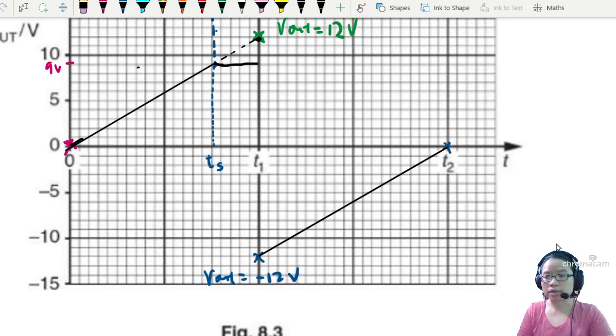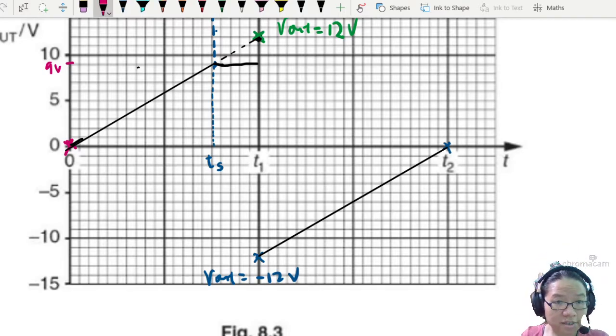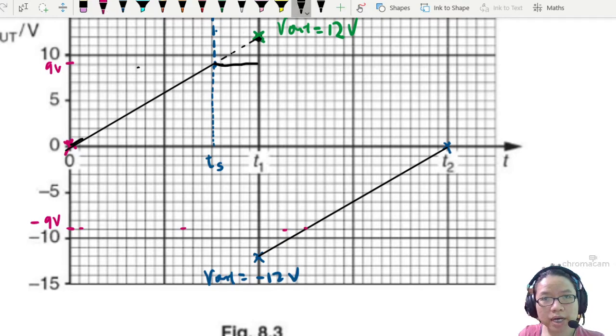Nope, my pen is not working. As I was saying, this one is -9 volt. The struggle is real. So you check, here is where we cut. This point is where we cut. So we will draw a straight line here, at -9. So we cut off the short part.